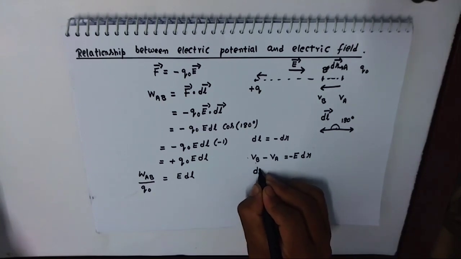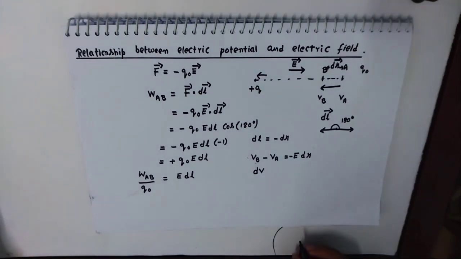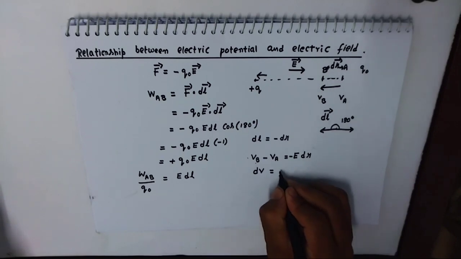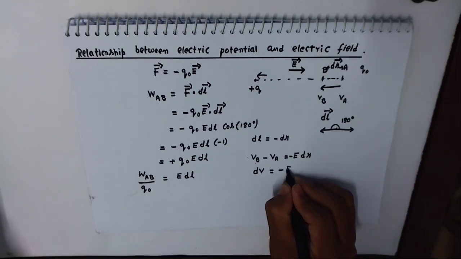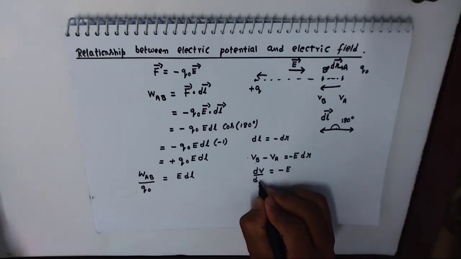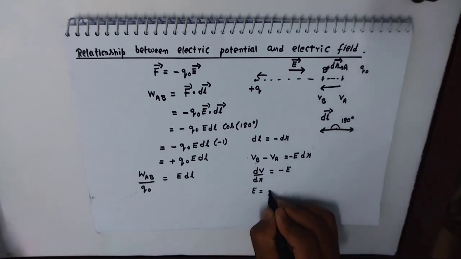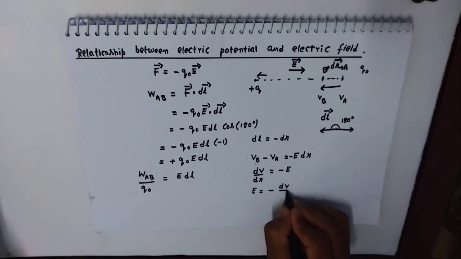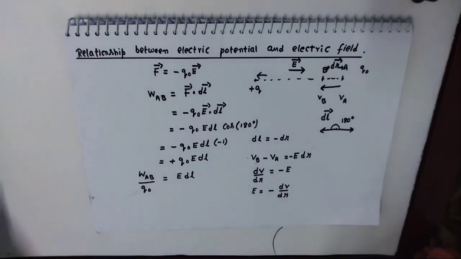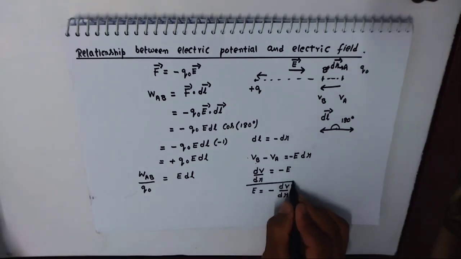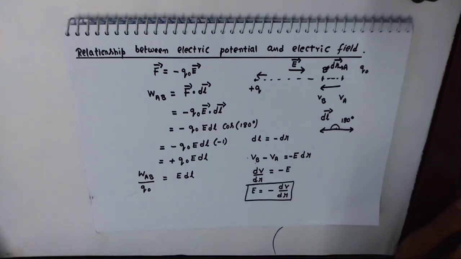It is the difference in potential, I'll put dV, and this is minus E. I take dr to this side, so E is minus dV by dr. This is the relationship between electric field and potential difference.